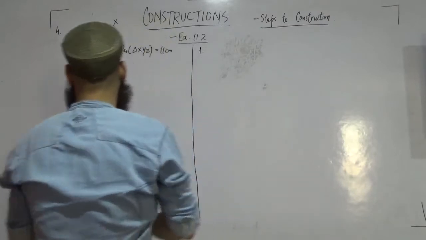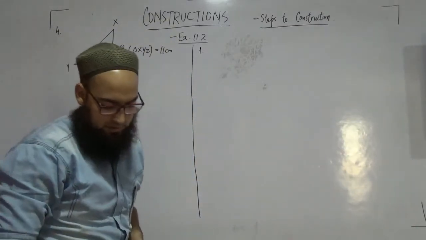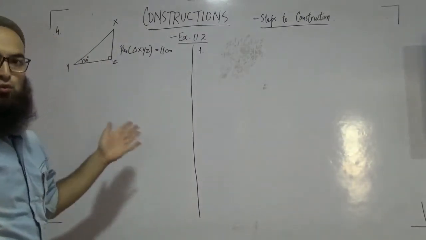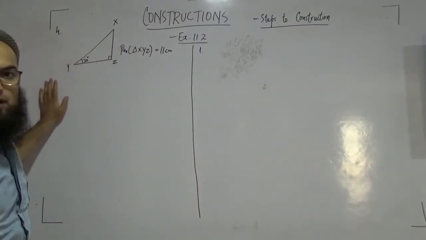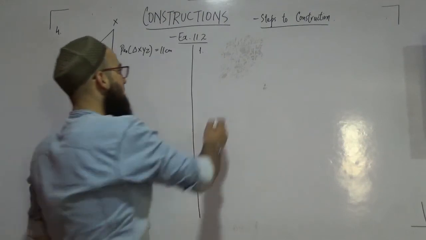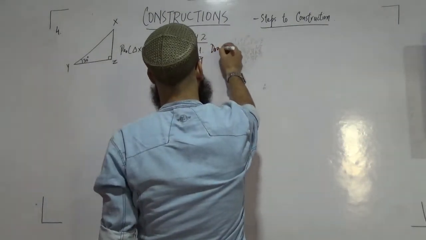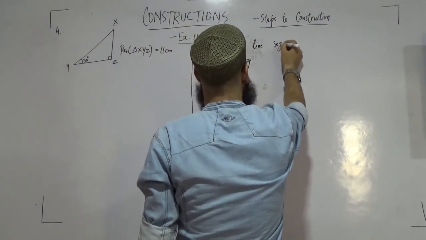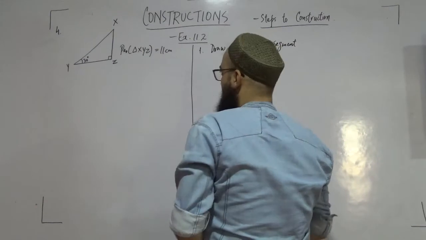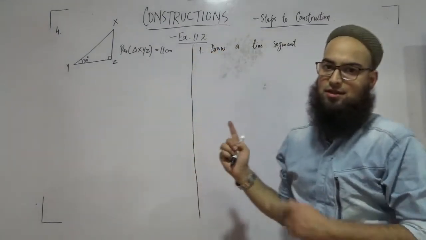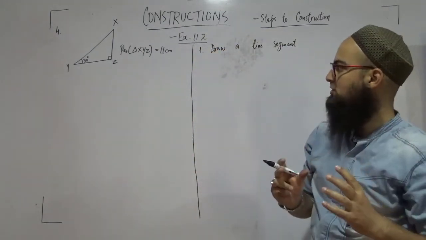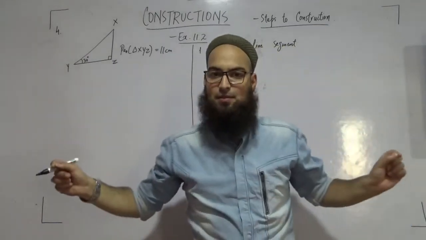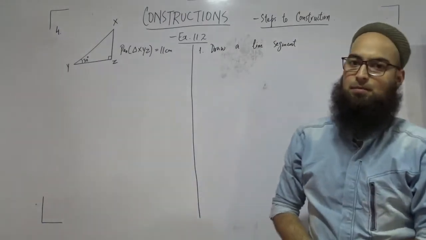Step number 1. First of all, draw a line segment, say PQ, because XY should be PQ. Whenever you are required to construct such questions, what you'll first see is what is the perimeter. Now construct a line segment equal to that perimeter.